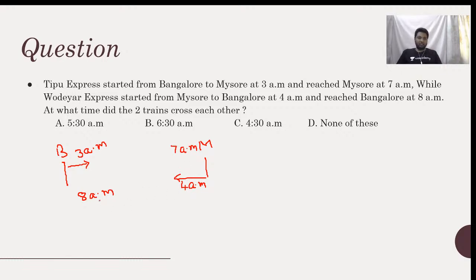Starting at 4 a.m., reaching at 8 a.m., is 4 hours. That clearly means that the speeds of the Tippu and Wodeyar Express are equal.